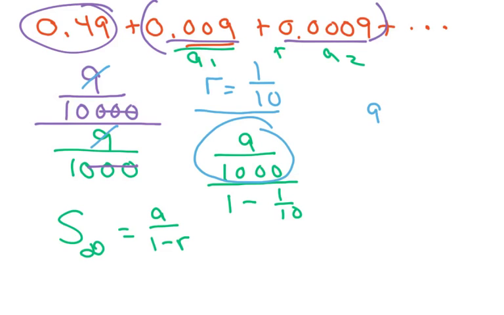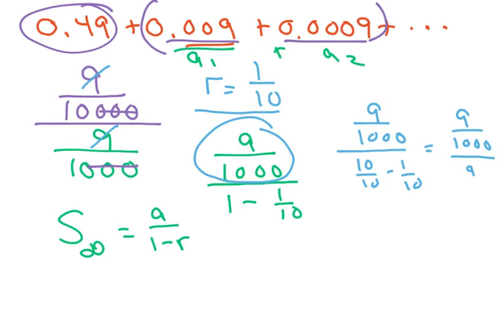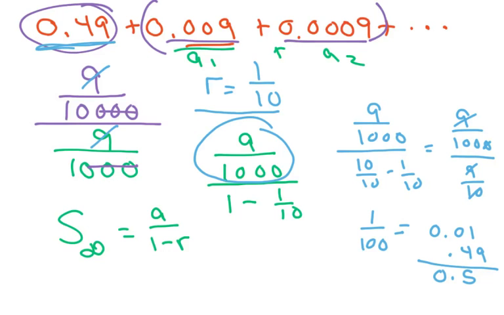This is 9 over 1,000 divided by 10 over 10 minus 1 over 10, which gives you 9 over 1,000 divided by 9 over 10. The 9's cancel, and the zeros cancel, so you get 1 over 100, which equals 0.01. Then I add this back in, plus 0.49, and this gives you 0.5, or 1/2.